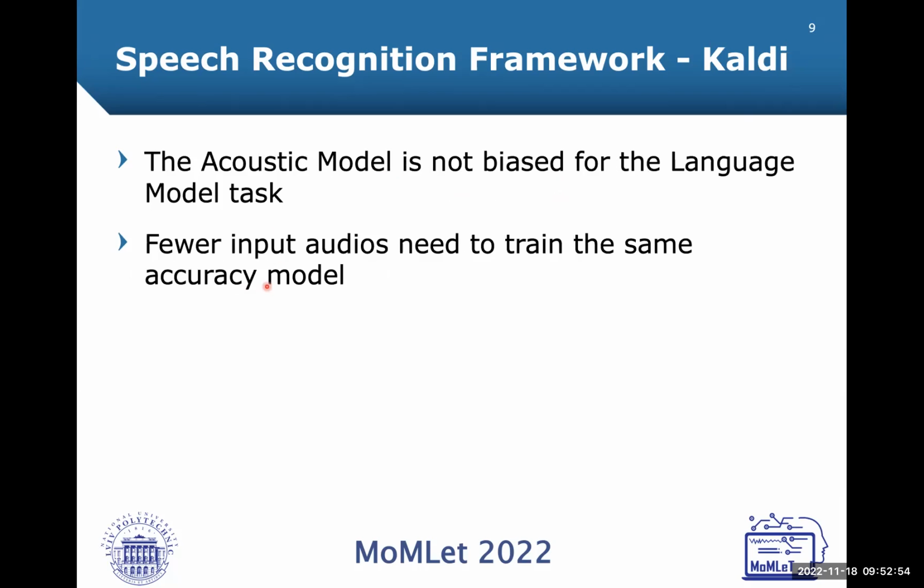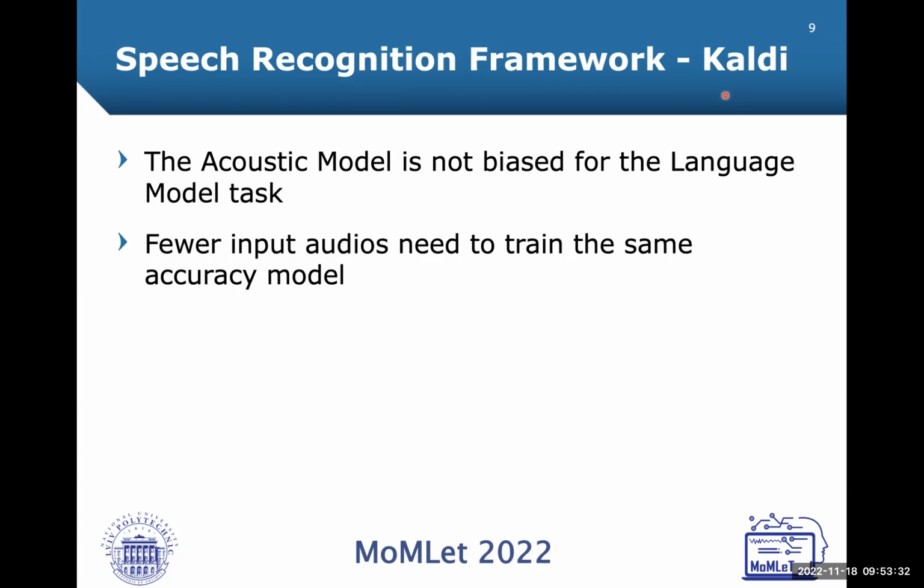On the other side, there's the very famous Kaldi framework, and the main advantage of Kaldi is, for example, that the acoustic model is not biased by the language model task. In the NeMo framework, there are two parts, acoustic and language model, and unfortunately the acoustic model, during training and fine-tuning, picks up some characteristics of the language model, learning how words should work together.